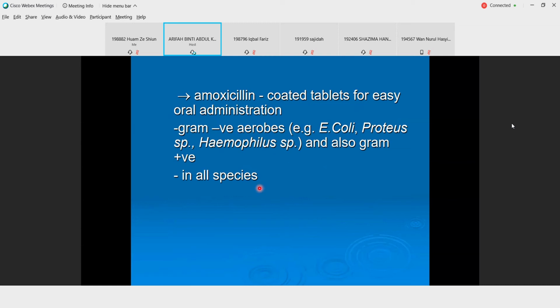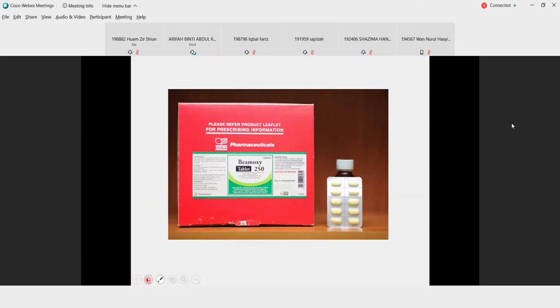So it's very safe and commonly used in many species of animals. Betamox contains amoxicillin 250 milligram, in caplet form.